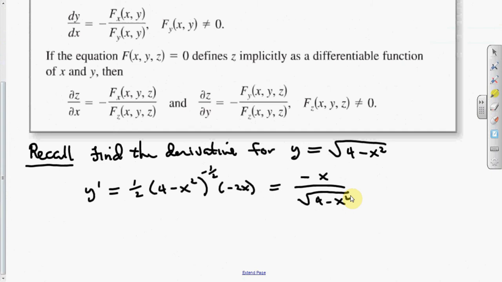Here, y is explicitly expressed as a function of x. That is, y is isolated. Right?